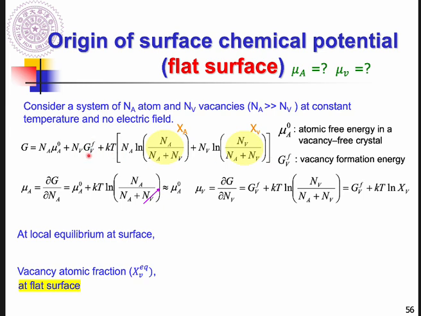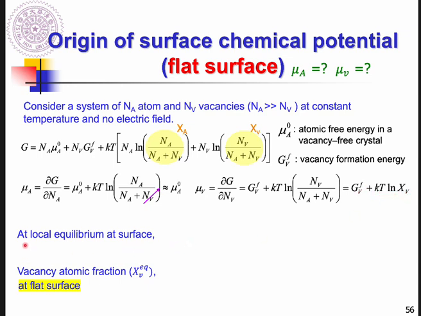So you get the vacancy formation energy, and also this term, so we get kT ln X_V. So we just write this down. Now you have mu A equals mu A0, and then mu V equals the vacancy formation energy plus kT ln X_V.